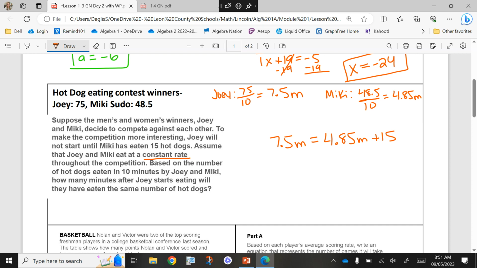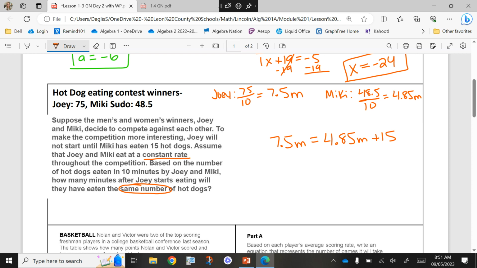Why am I making them equal to each other? Because it says how many minutes after Joey starts eating will they have eaten the same number of hot dogs. So that tells you it wants the equations equal to each other. So we have their two slopes, their constant rates, and then we're adding in the 15 that Mikey is going to already eat before Joey chimes in. So how long will it take Joey to eat the same amount as Mikey?